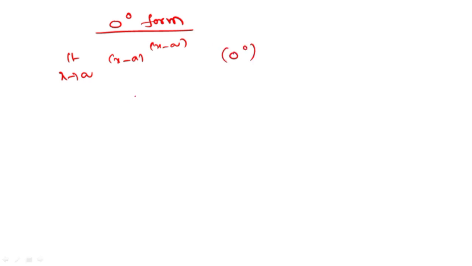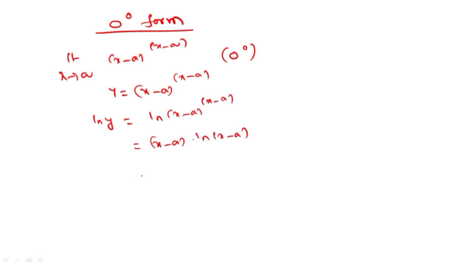So this is in the form of 0 power 0. In this case, you should assume y equal to (x minus a) power (x minus a). Here you should take ln on both sides. Using ln, you should solve this kind of problem. So ln y is ln of (x minus a) power (x minus a), nothing but (x minus a) into ln of (x minus a), okay.